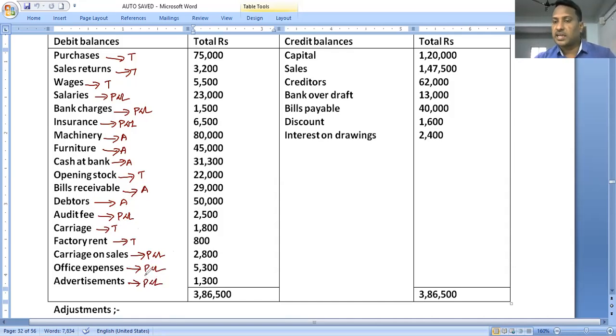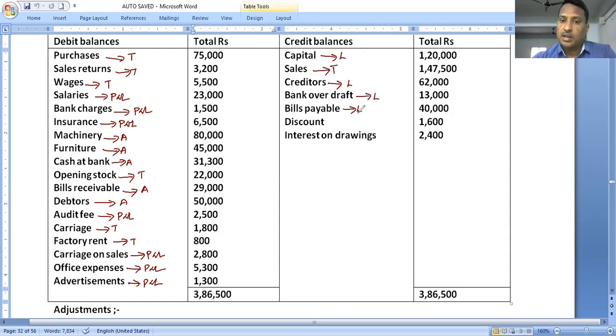Yes, on the debit side, we clearly identified all the expenses, losses, and assets. Let's move to the credit balances, my dear students. The capital is a liability, part of the balance sheet. Sales is an income, part of the trading account. Creditors is a liability. Bank overdraft, liability.